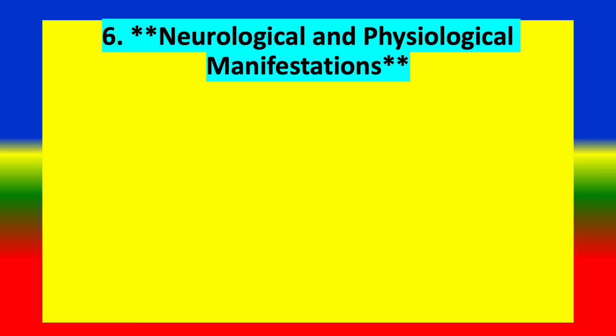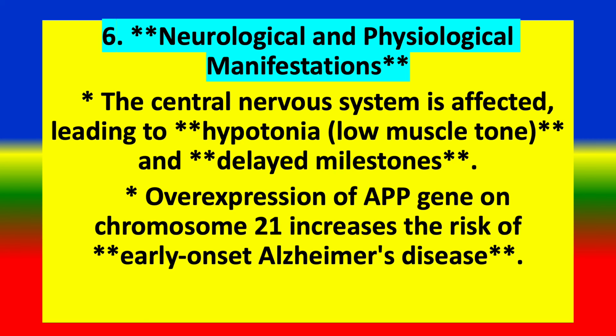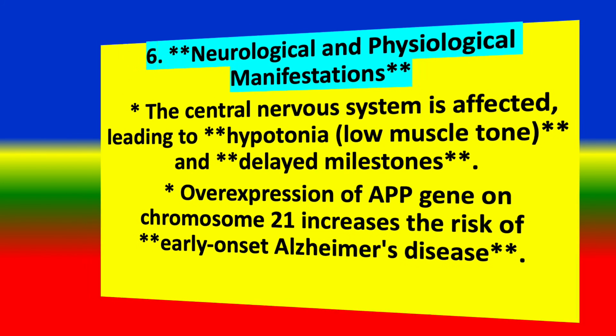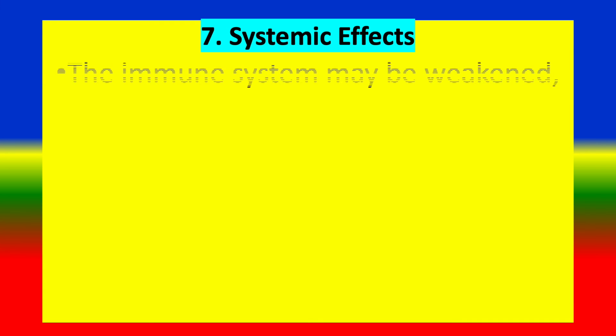6. Neurological and physiological manifestations. The central nervous system is affected, leading to hypotonia, low muscle tone, and delayed milestones. Overexpression of the APP gene on chromosome 21 increases the risk of early onset Alzheimer's disease. 7. Systemic effects.